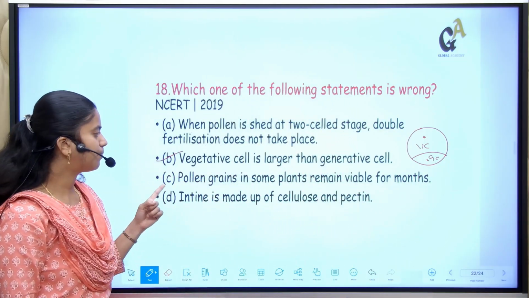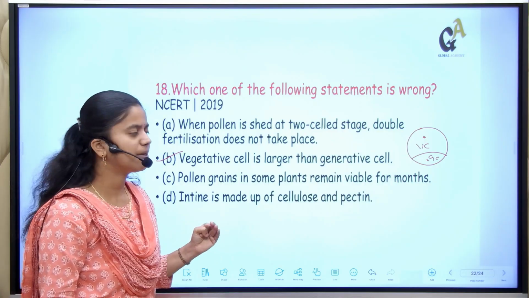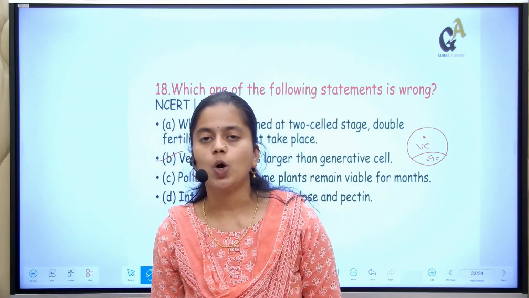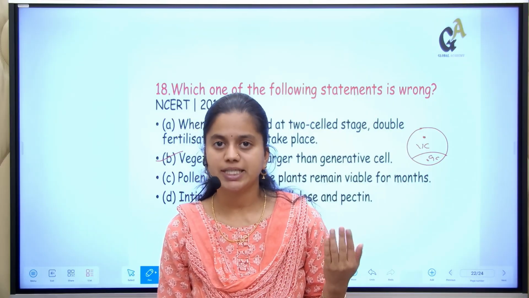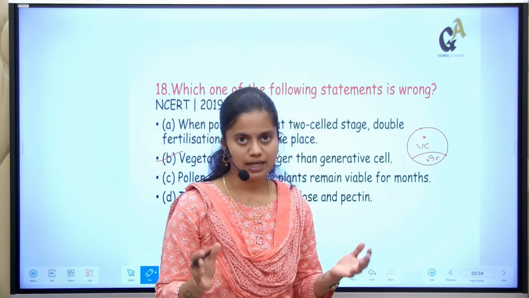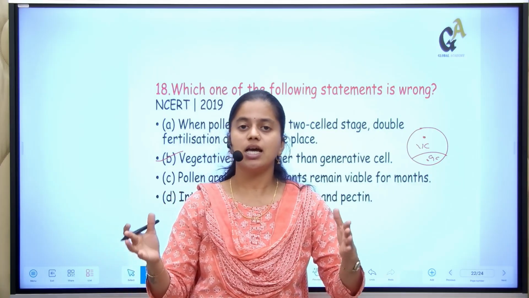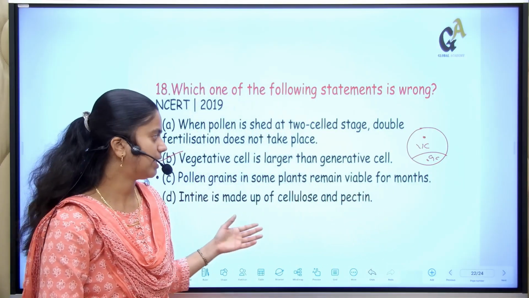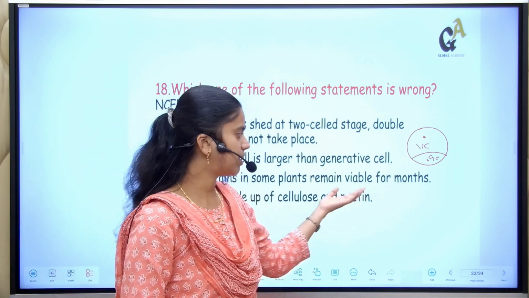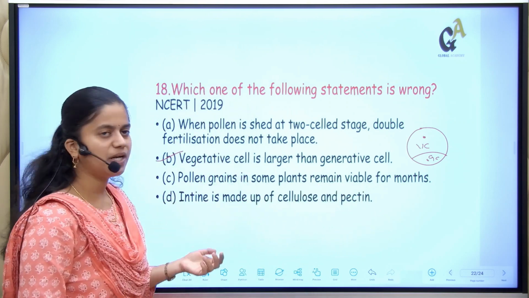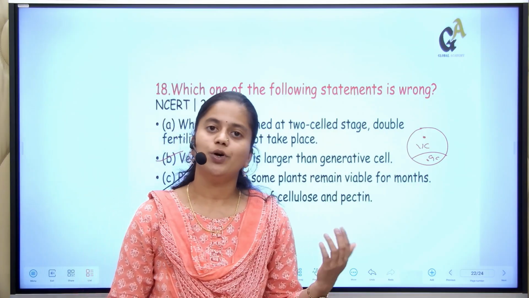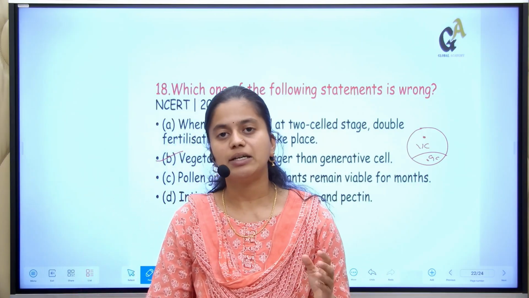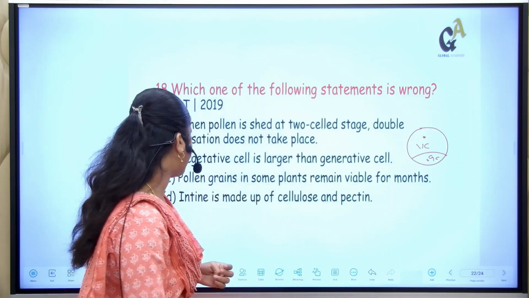Then option C, pollen grains in some plants remain viable for months. Why? Because there is a material called sporopollenin which can persist in unfavorable conditions. It can withstand strong acid and alkali and high temperature. So some pollen grains can remain viable for several months. Then intine is made up of cellulose and pectin. Intine is the innermost layer of the pollen grain, made up of cellulose and pectin.